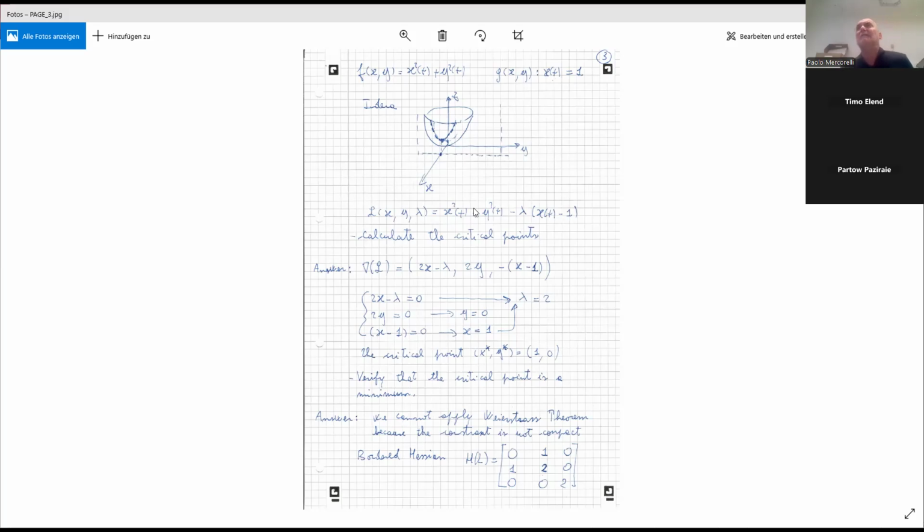Why this? I don't have time in this course to tell you, but probably you remember my lecture where this Lagrange equation comes from, and why with this expression we can nevertheless calculate the minimum.